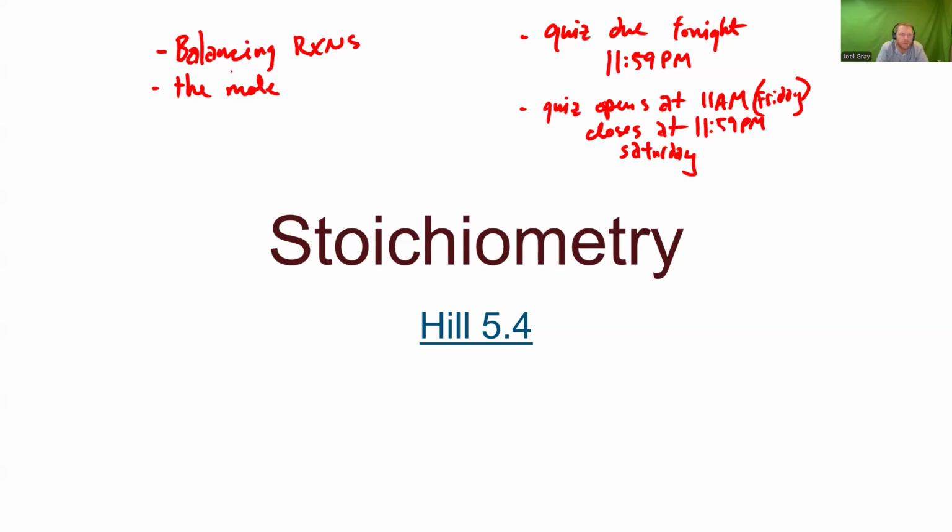Essentially, you want to make sure that the number of atoms are equal on the reactant side and product side. If you do that, you're going to be in pretty darn good shape.